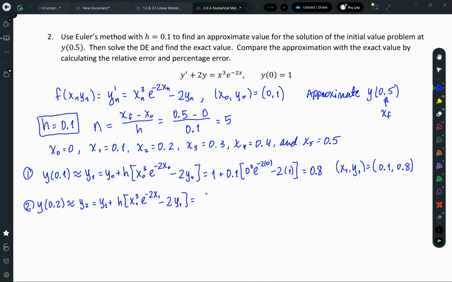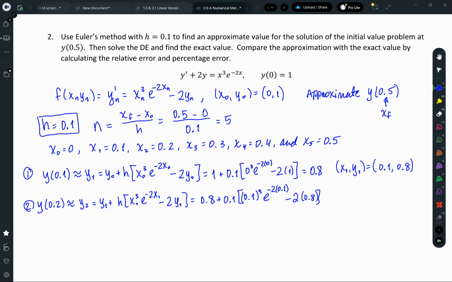Plugging everything in, what we get is y1 was 0.8 plus 0.1 times x1 was 0.1 cubed e to the minus 2 times 0.1 minus 2 times 0.8. Again, it's messy, but I just plug it in, and I do always write it down. I would never just put this in my calculator and be like, bam, there's my answer, yay. You got to show your work. So show plugging it in, and then use your calculator.